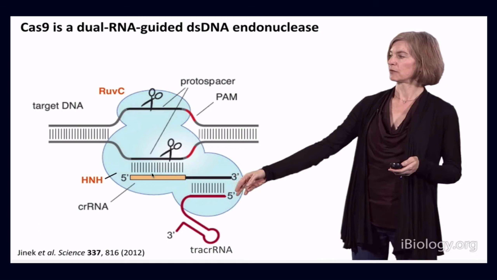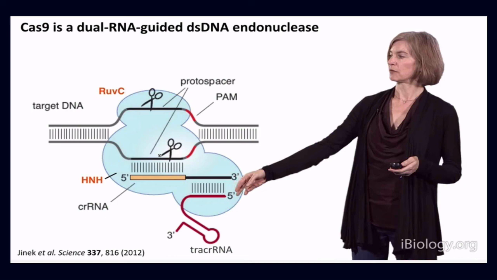So essentially, CRISPR RNA binds to the target DNA, tracer RNA binds to the CRISPR RNA and recruits Cas9, and Cas9 is what makes the cut.